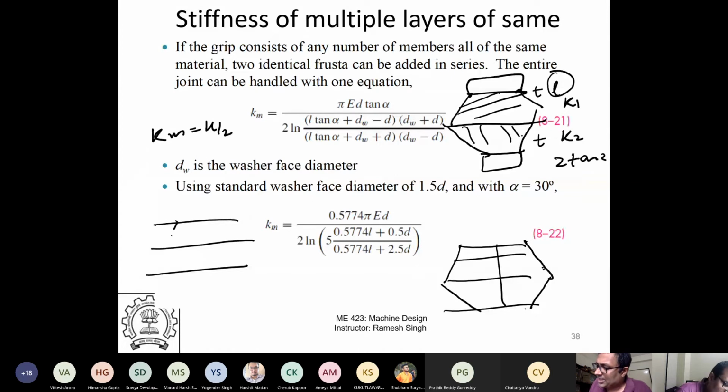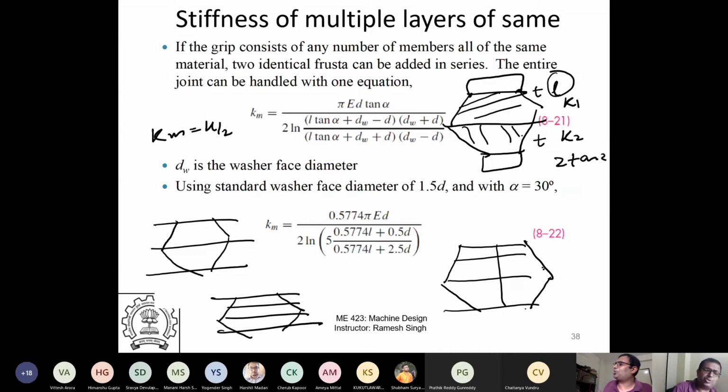See, if I have 2 layers, the distribution will be like this. If I have 4 layers, even unsymmetric, or 3 layers, the distribution is still like this. The pressure distribution is independent of the number of layers you have.